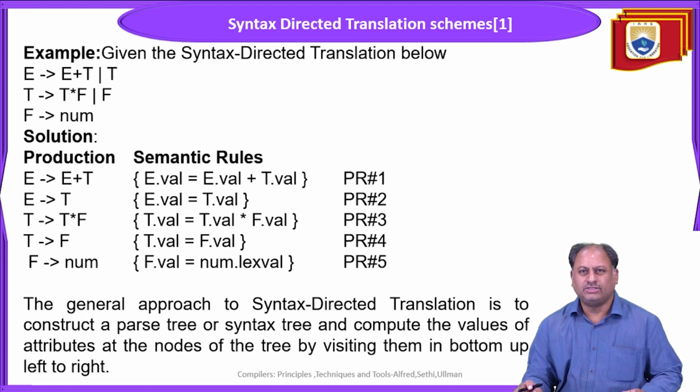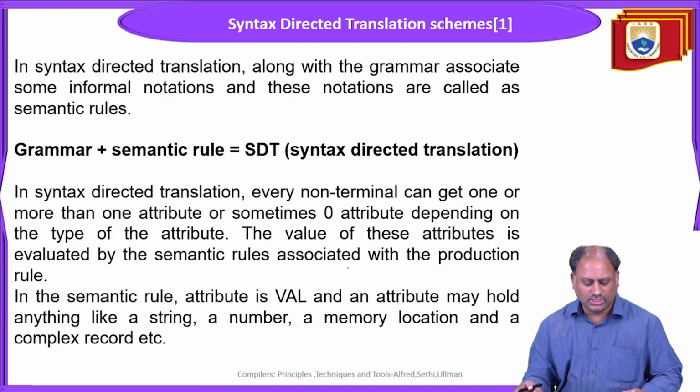So it is very easy to initially start with semantic rules. Just make the definition clear. We are not going to change anything. We are going to add additional information in a separate notation. These notations are called semantic rules.